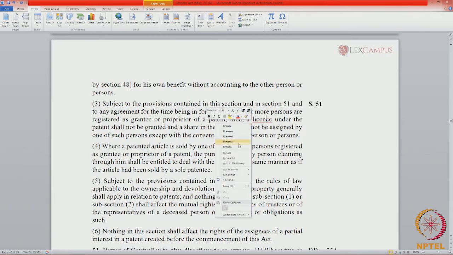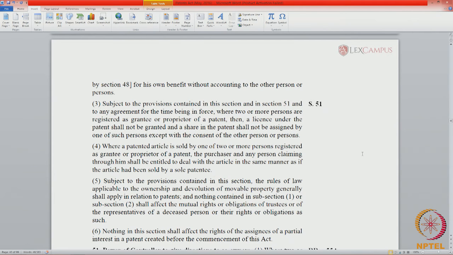Now this talks about licenses issued by joint owners. A co-owner cannot issue a license, or a share in a patent be assigned, except with the consent of the other persons.